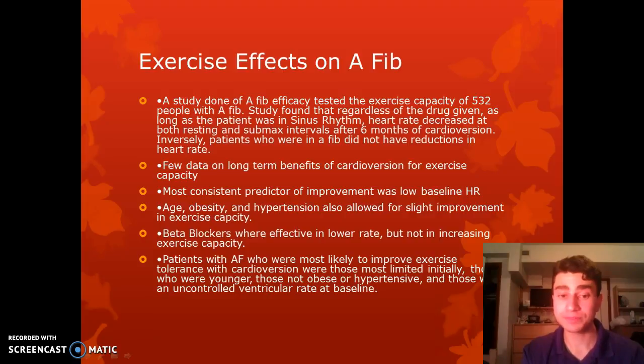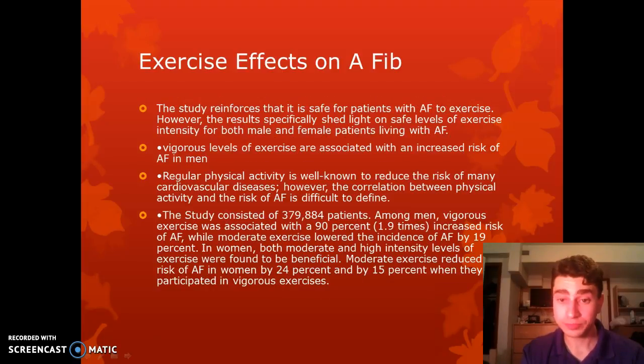But they did find that patients who had the worst conditions, who had diabetes and hypertension and low exercise capacity and were on all kinds of medications, had a much higher increase in exercise capacity after 6 months of training than without. So exercise increases exercise capacity for AFib patients, but it's not extensively proven.